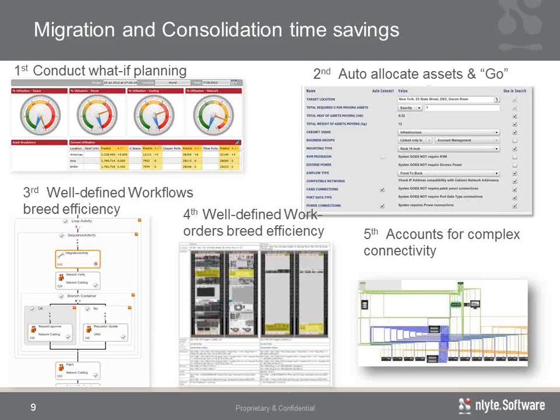Next, you want to validate what you've done, what you have connected, that everything is correct. You start looking at reporting, such as the fifth graphic in the bottom right. You start getting that graphical representation of your power environment, your communications, your connectivity between assets.